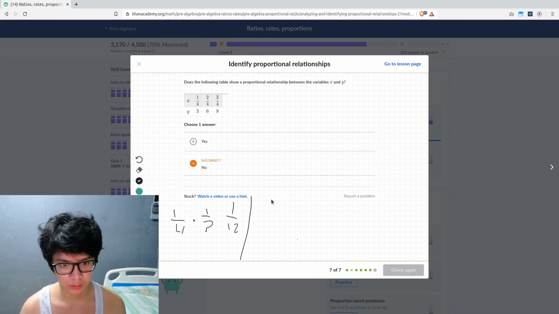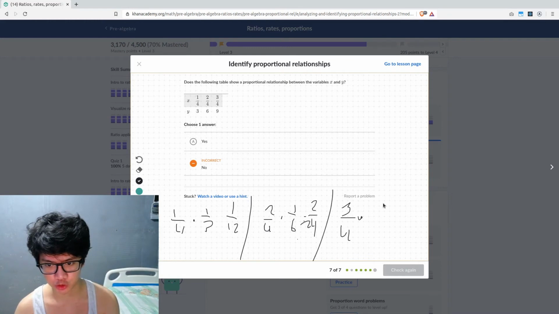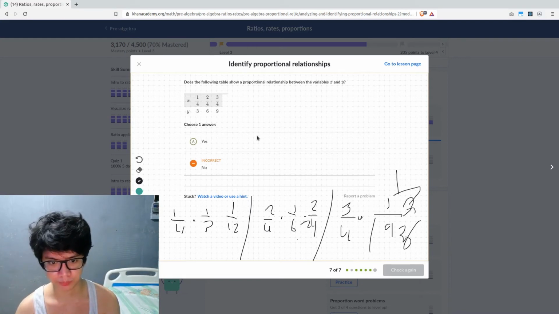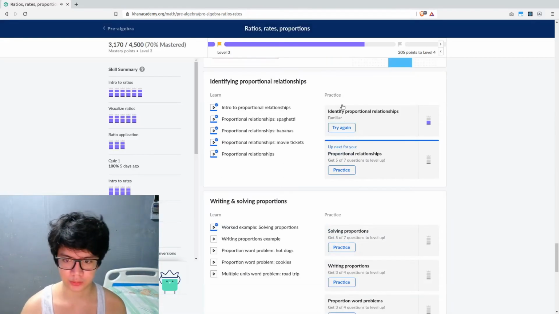And then we have 2/4 times its reciprocal 1/6, so 2 over 24, 1/12. Okay, cool. So we have 3/4 times its reciprocal, 3 over 36, divided by 3 is still 1/12. Okay, I keep making one mistake. I hate it.